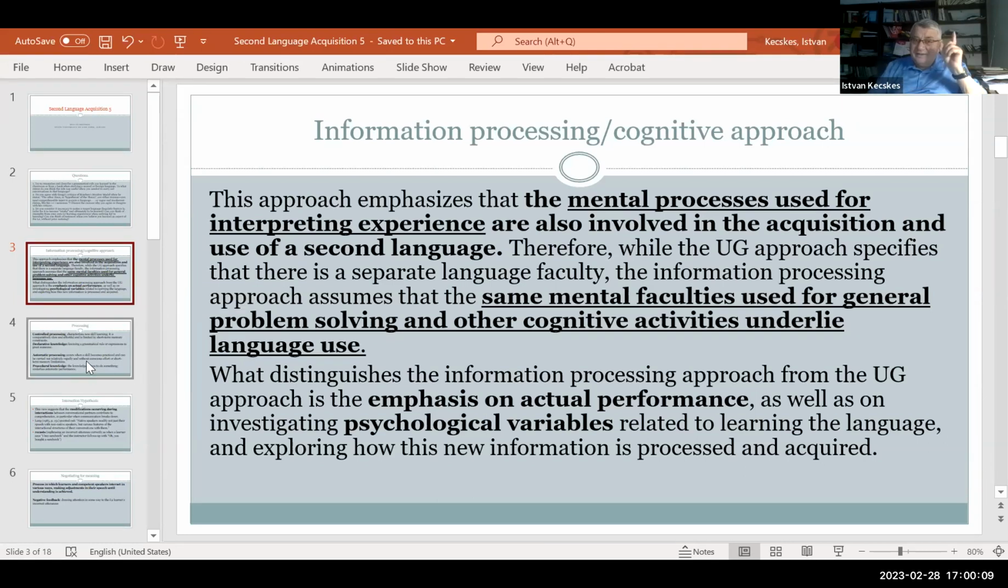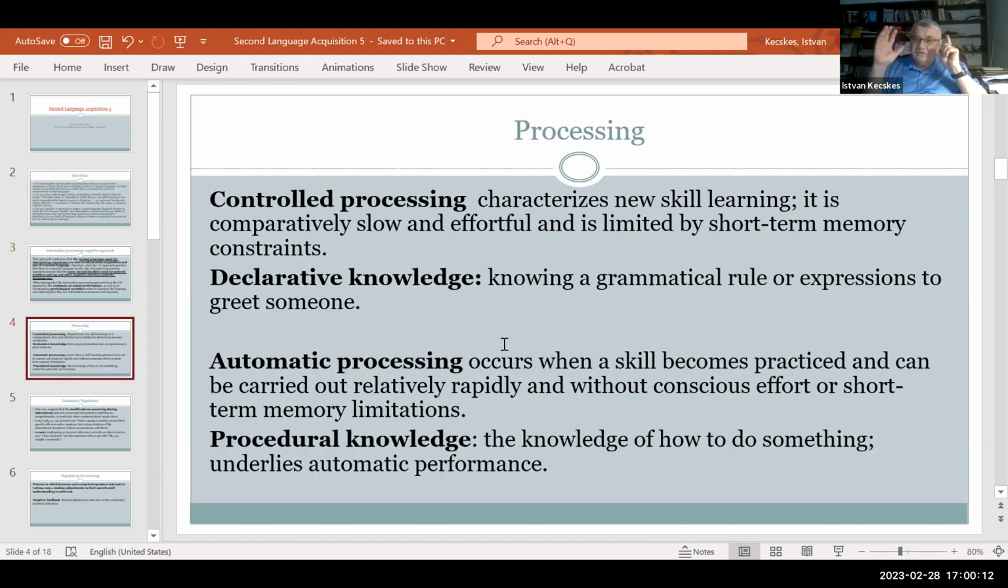However, there are a couple of important things here as far as processing is concerned, because I think that in your other classes, you may have already talked about declarative knowledge and procedural knowledge, and controlled processing and automatic processing. But these terms and phenomena are also very important in psycholinguistics and language acquisition.